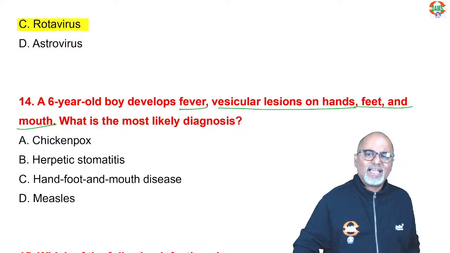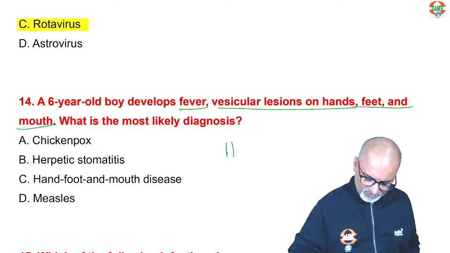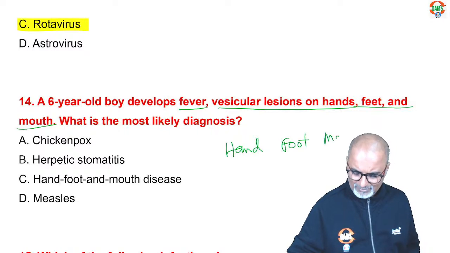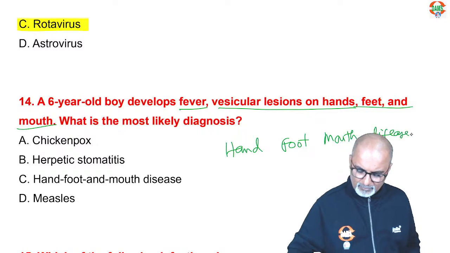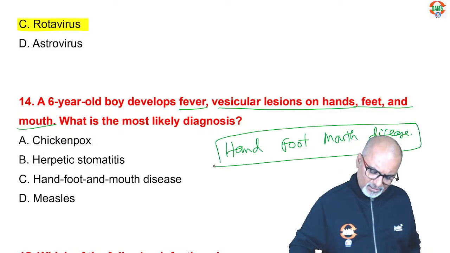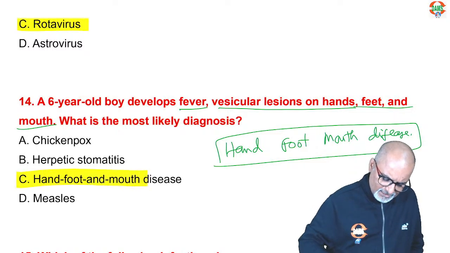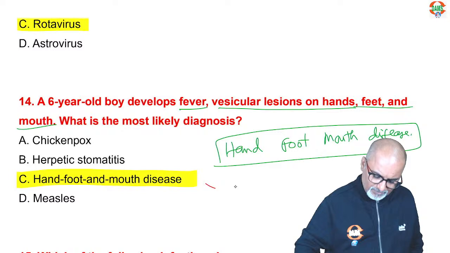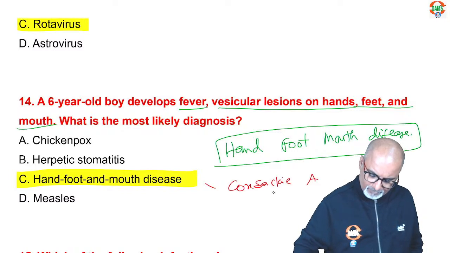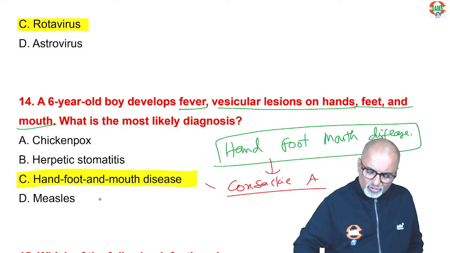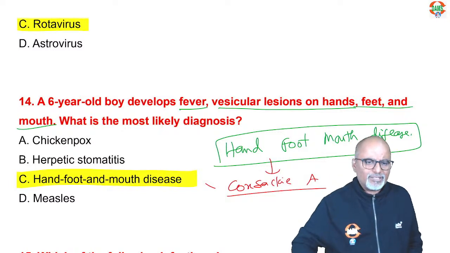We call it hand, foot, mouth disease, caused by Coxsackie virus. Measles has maculopapular rash on the face and body.